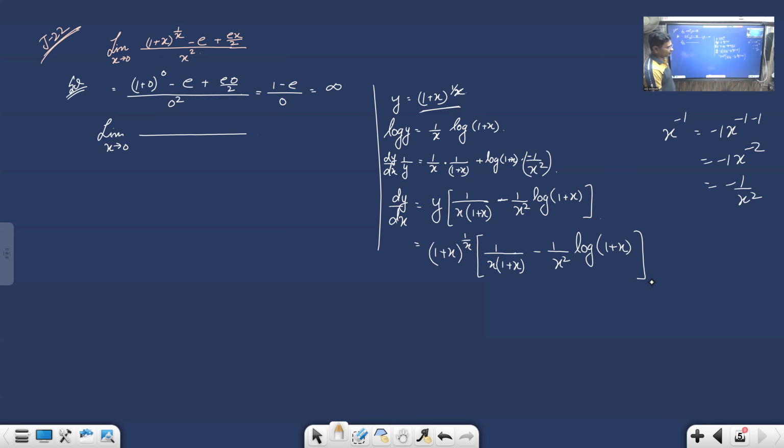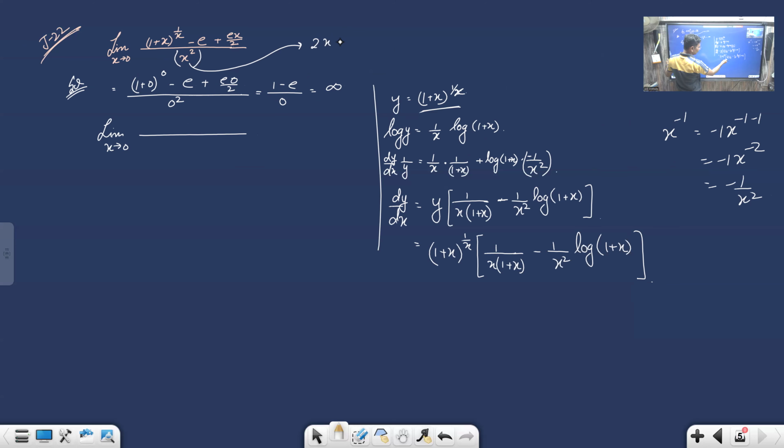There's a problem in this question, I think. There is a problem because I have to differentiate this once more, because you need x square. Until this becomes zero it won't work. So this is my x square, so the first derivative will produce this.